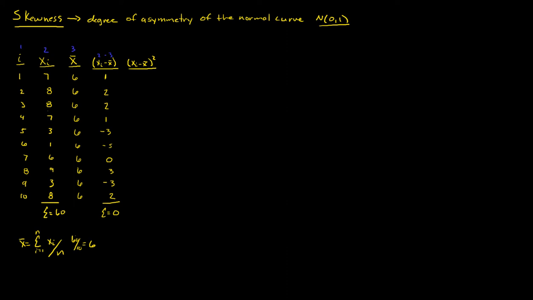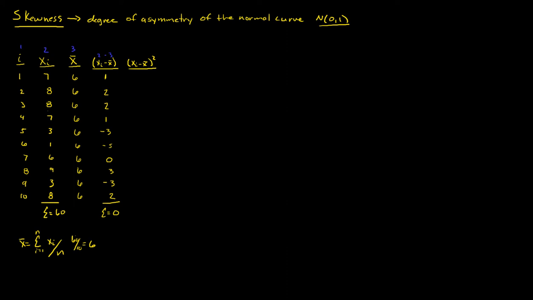So we can't do anything with these deviations at this point in time. This fourth column, the x sub i minus x bar, is how far every raw score is from the mean. But when you do that, you'll get a sum of 0. So what we have to do is square these values so they will no longer sum to 0. In this fifth column, you're seeing x sub i minus x bar squared.